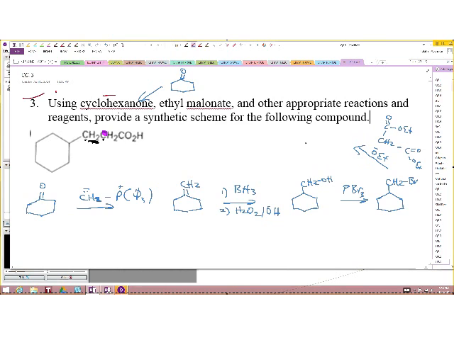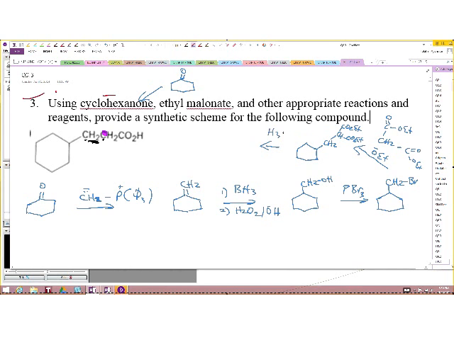Okay, so now we have this. Of course, we still have one hydrogen here. Now, what do we do after this?